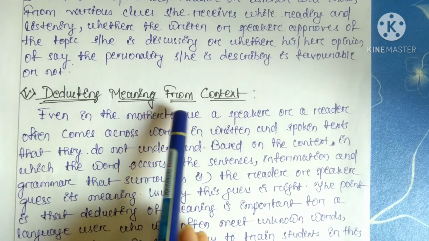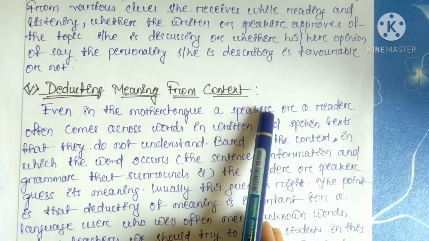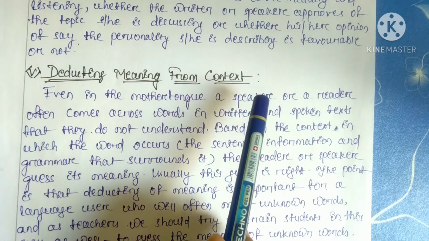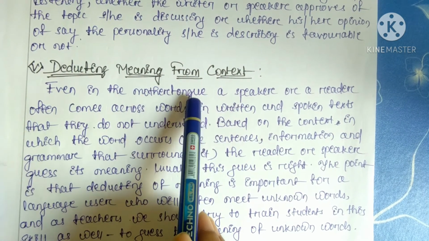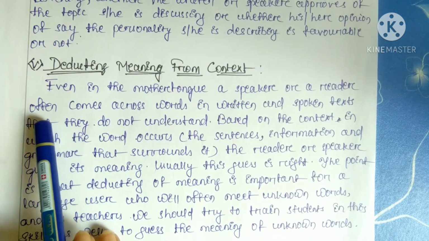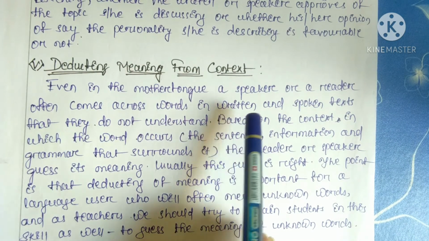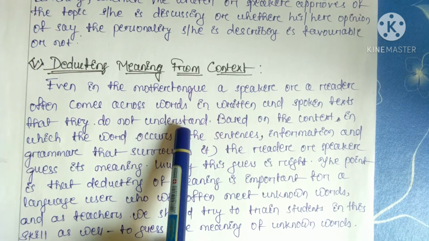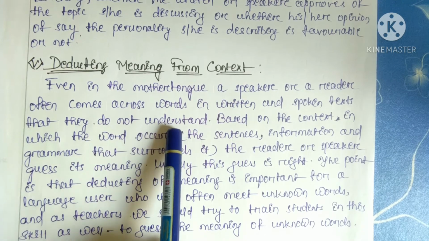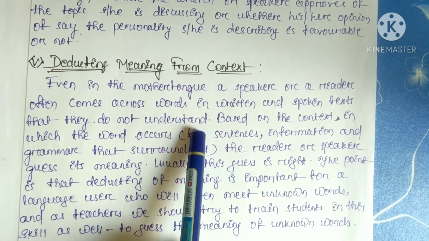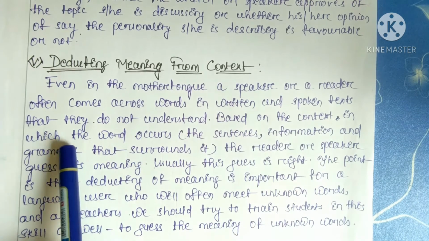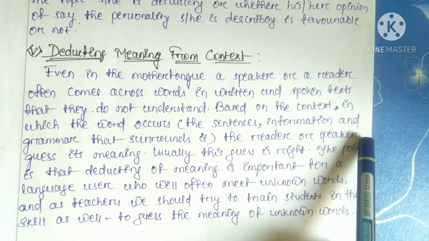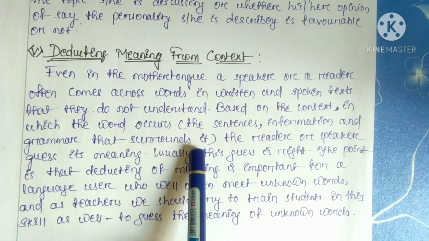Then, deducing meaning from context. Here is another similarity. In deducing meaning from context as a reading and listening process, even in the mother tongue, a speaker or a reader often comes across words in written and spoken text that they do not understand. Various types of mother tongues or native languages exist all over the world. So based on the context in which the word occurs, the sentences, information, and grammar that surround it, the reader guesses its meaning.